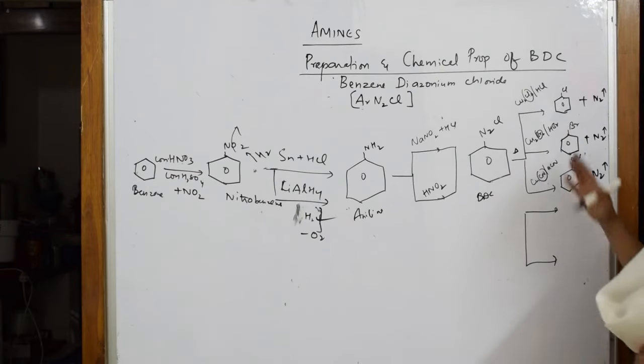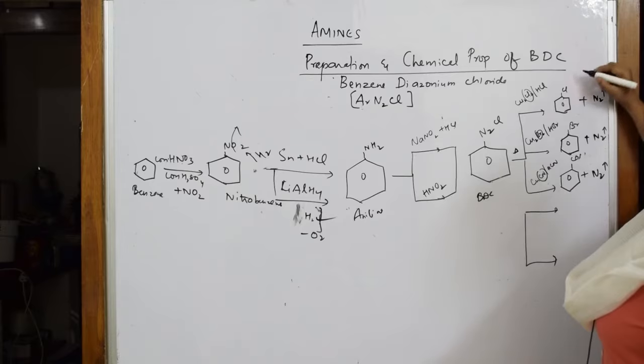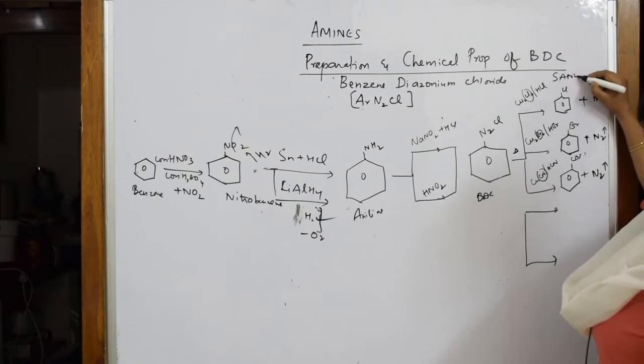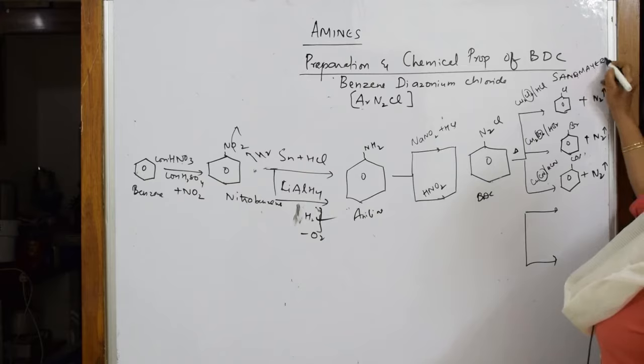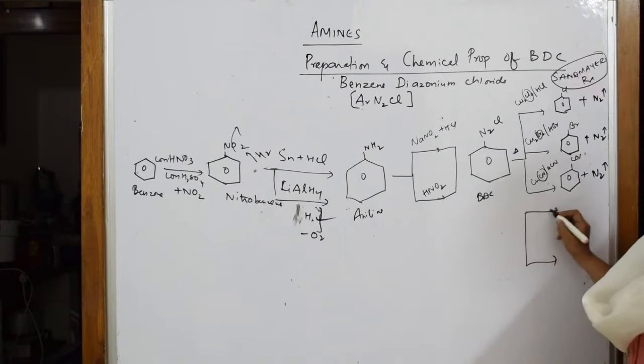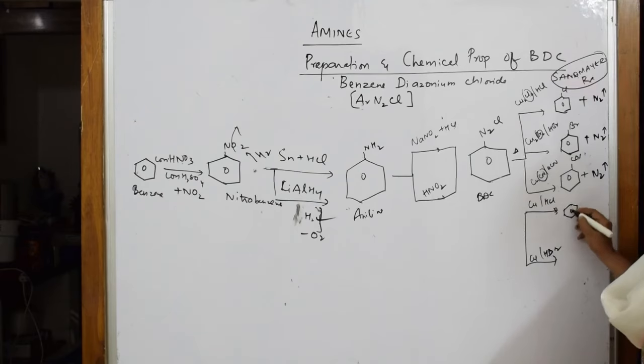This reaction, where you are converting BDC to chloro, bromo and cyanobenzene, is called Sandmeyer's reaction. Done. Now the same BDC, if I am using only copper in the presence of HCl, or only copper in the presence of HBr, I get the same products: chlorobenzene and bromobenzene, and nitrogen gas escapes out.